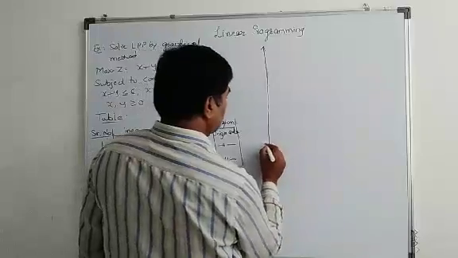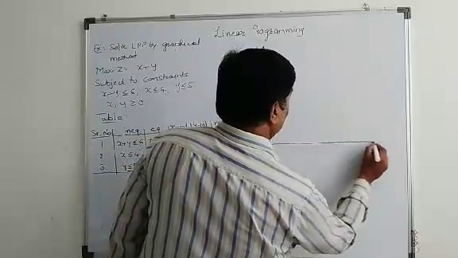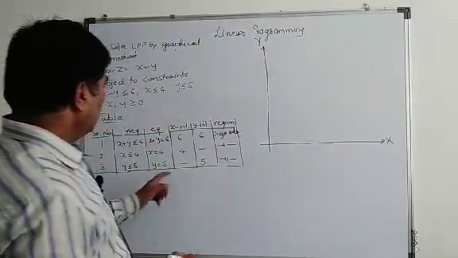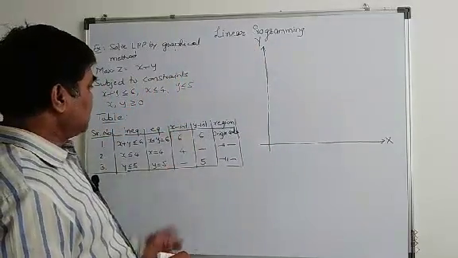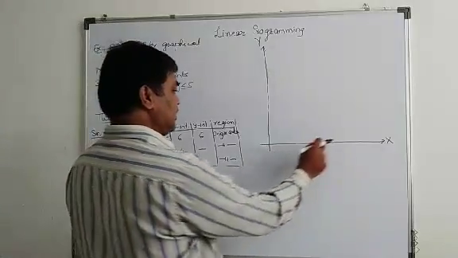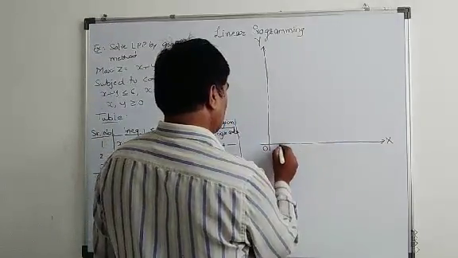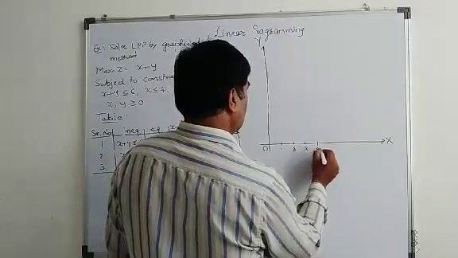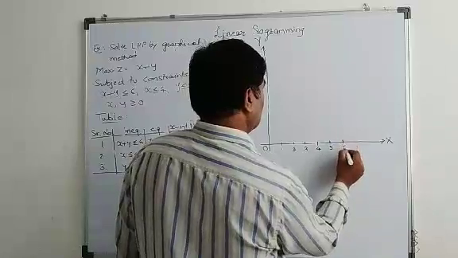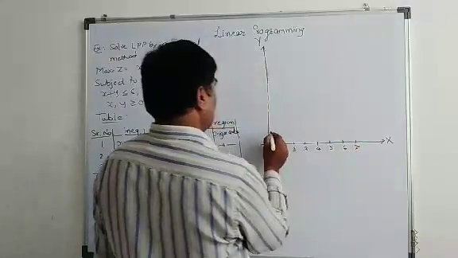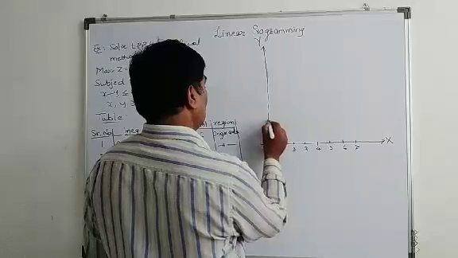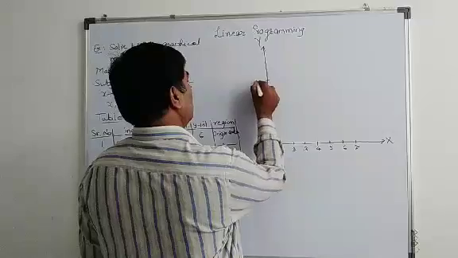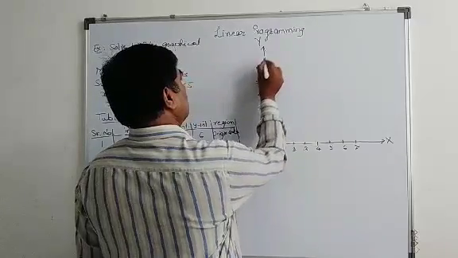So this is the y-axis, this is my x-axis. The maximum x-intercept is 6 and the y-intercept is 6, so we'll take 1 centimeter equal to 1 unit. So 1, 2, 3, 4, 5, 6, 7 on each axis.